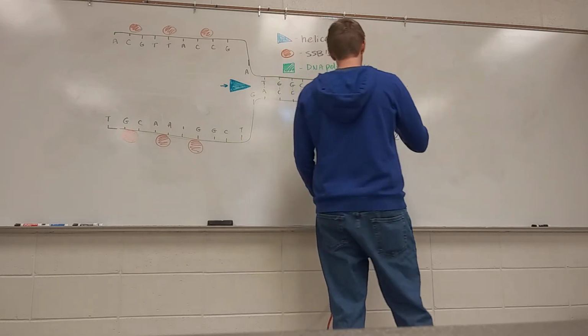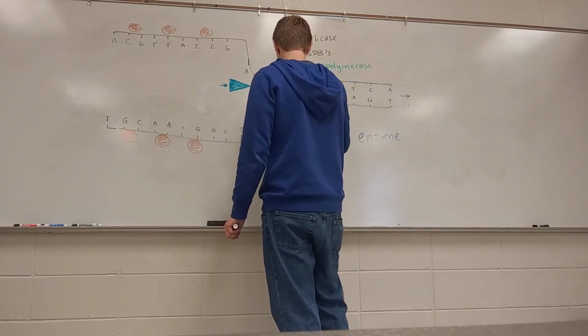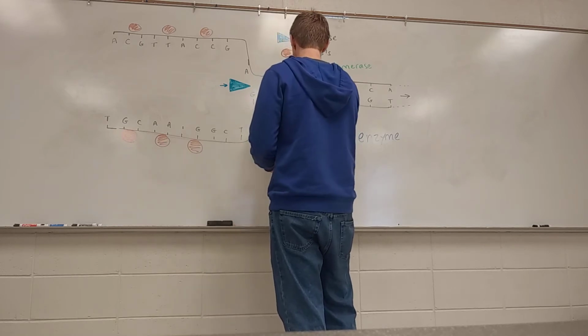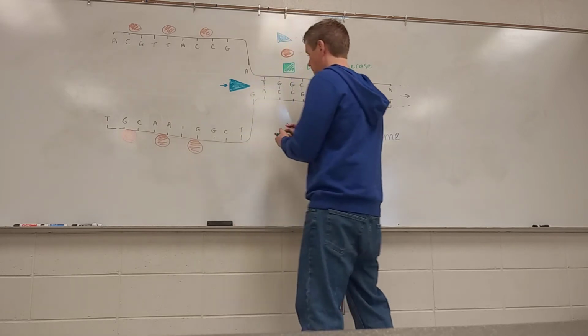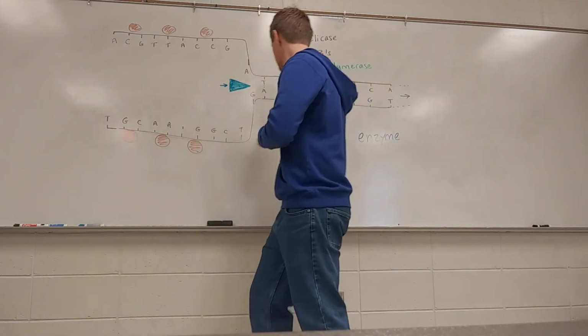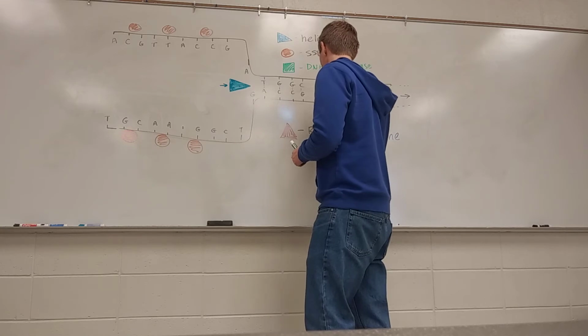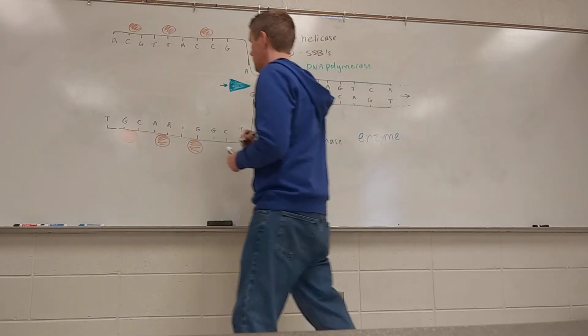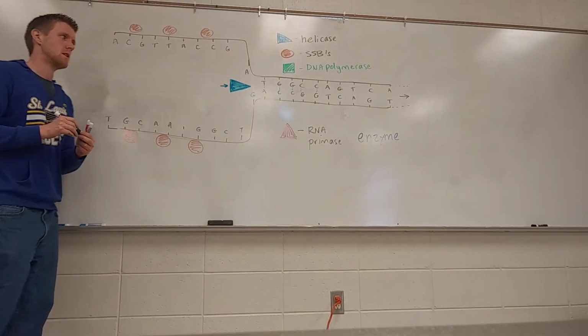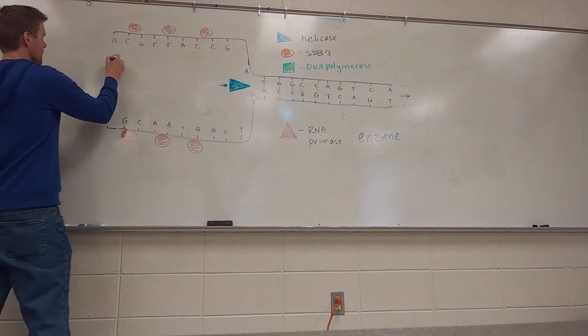And that enzyme is going to be RNA primase. Prime means first or foremost, and so RNA primase is the first and foremost enzyme when it comes to laying down the complementary strand.